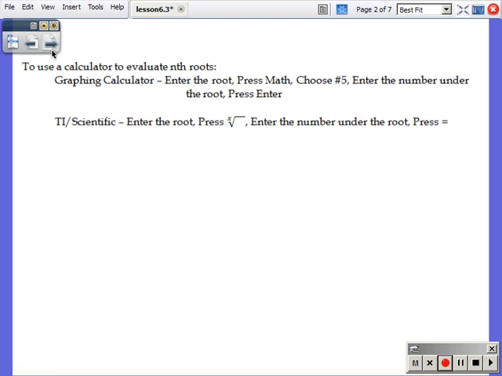Those of you using maybe an iPhone, on your iPhone, there is this root button. However, it is the Y root of X. Your phone is going to want you to go in alphabetical order. So if I was doing the third root of 125, which we know equals 5, play around with a calculator with a problem that you know an answer to, so then you are able to decide whether or not you're using the calculator correctly.